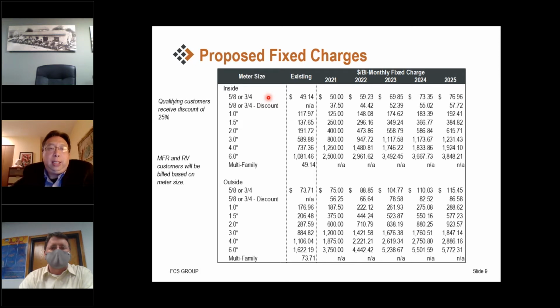We don't see very many customers with meter sizes larger than that. Where you might see that would be a very large property, or a property where the homeowner wants to keep their garden green year round and has a demand for a bit more water than the typical household.